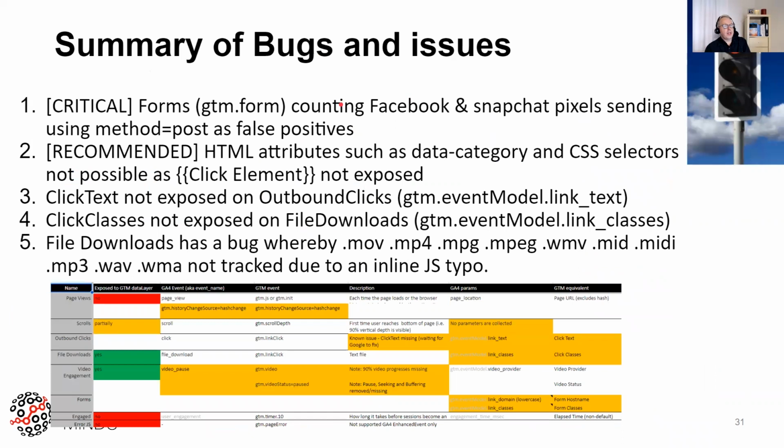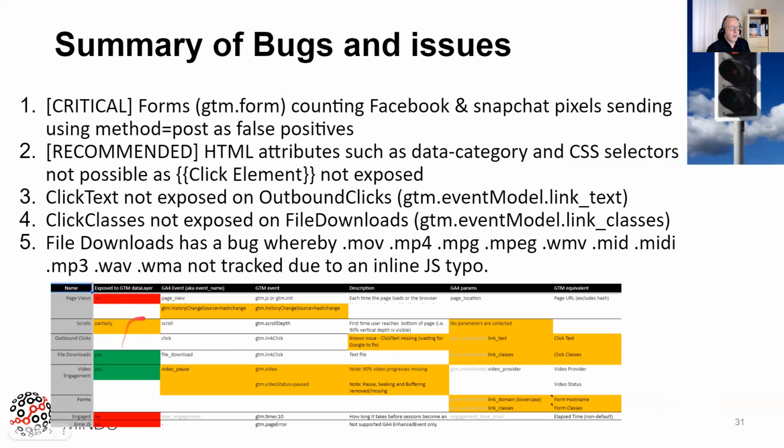And this kind of brings me on to some other issues here. There's quite a long list of red and critical stuff and amber stuff with GA4 enhanced events, which prevent me from doing the mapping for those to GTM.